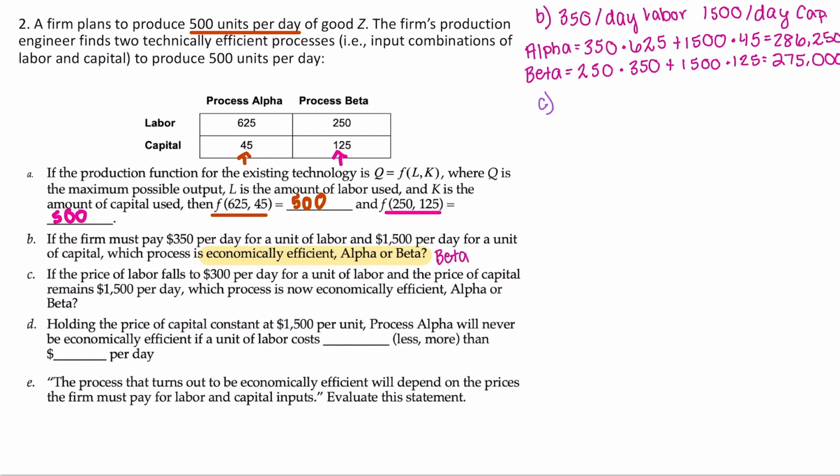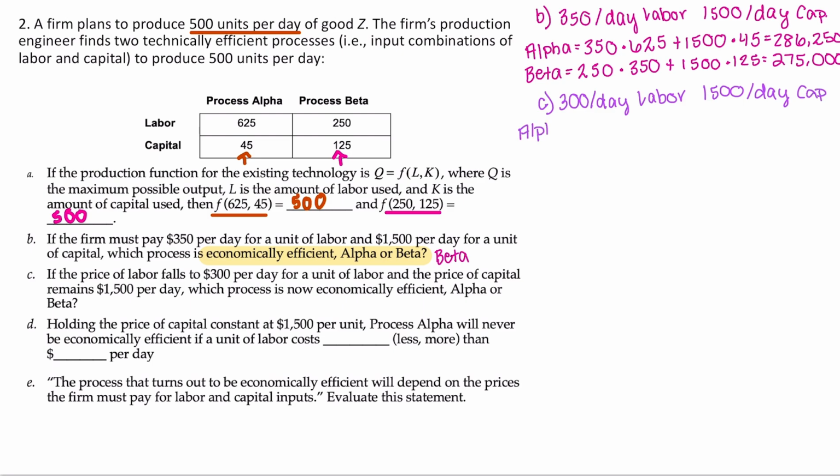C says if labor falls to $300 per day and the price of capital remains $1,500 a day, which one is more efficient? Which one is economically efficient? So now it's $300 a day for labor and still $1,500 a day for capital.